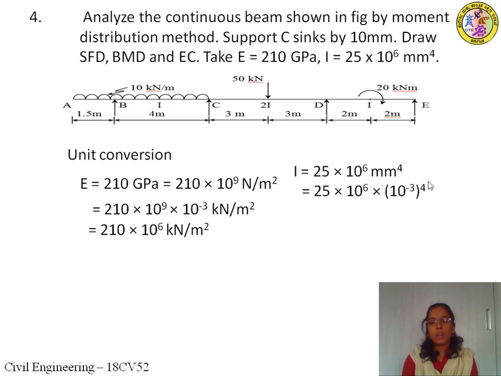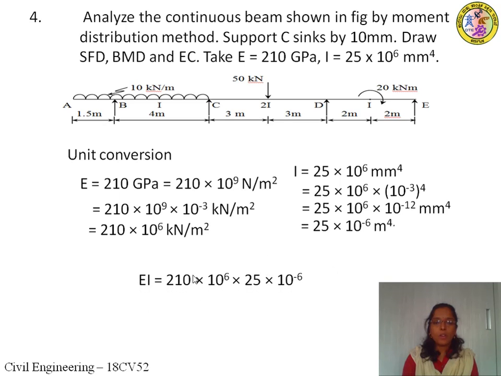So 10 power minus 3 to the power of 4. If you simplify it, it will be 25 into 10 power 6 into 10 power minus 12 meters raised to 4. So this will be equal to 25 into 10 power minus 6 meters raised to 4. So we have converted E and I into kilonewton and meters.